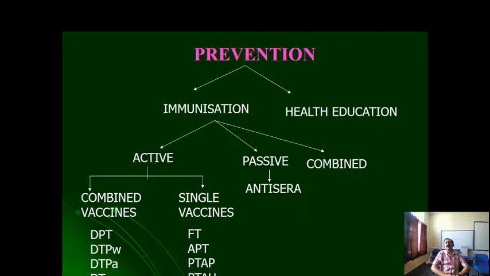Tetanus toxoid is generally not available in the country. It is to be replaced by DT, and DT is to be given for antenatal mothers also. We were earlier giving 2 doses of TT to antenatal mothers. That is to be replaced with DT, the small d. Okay.